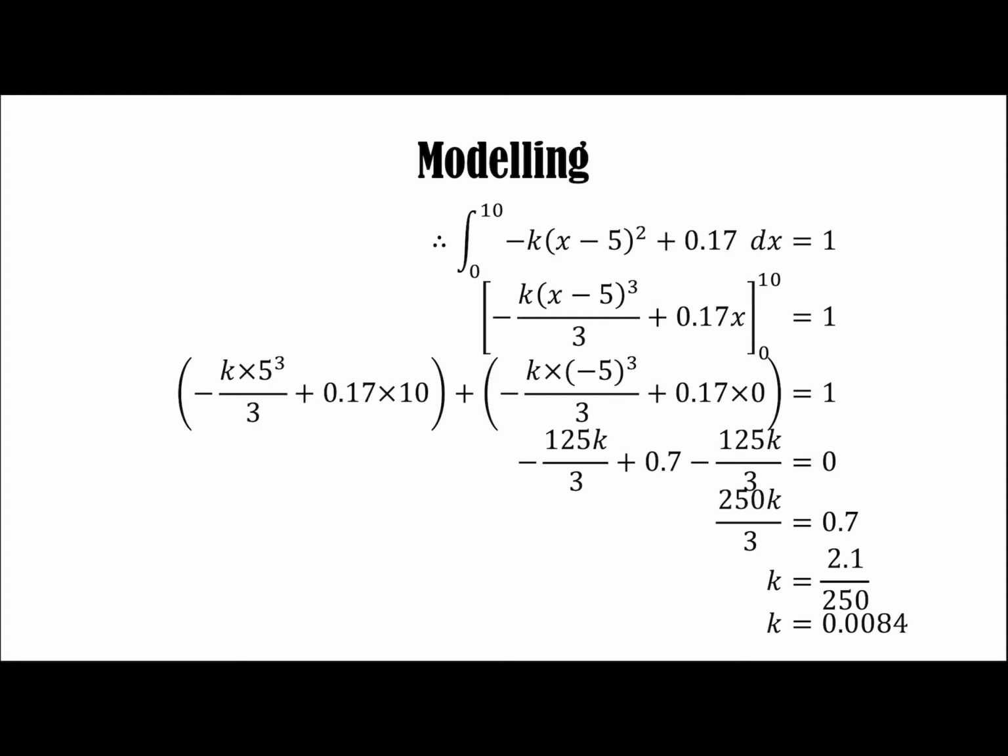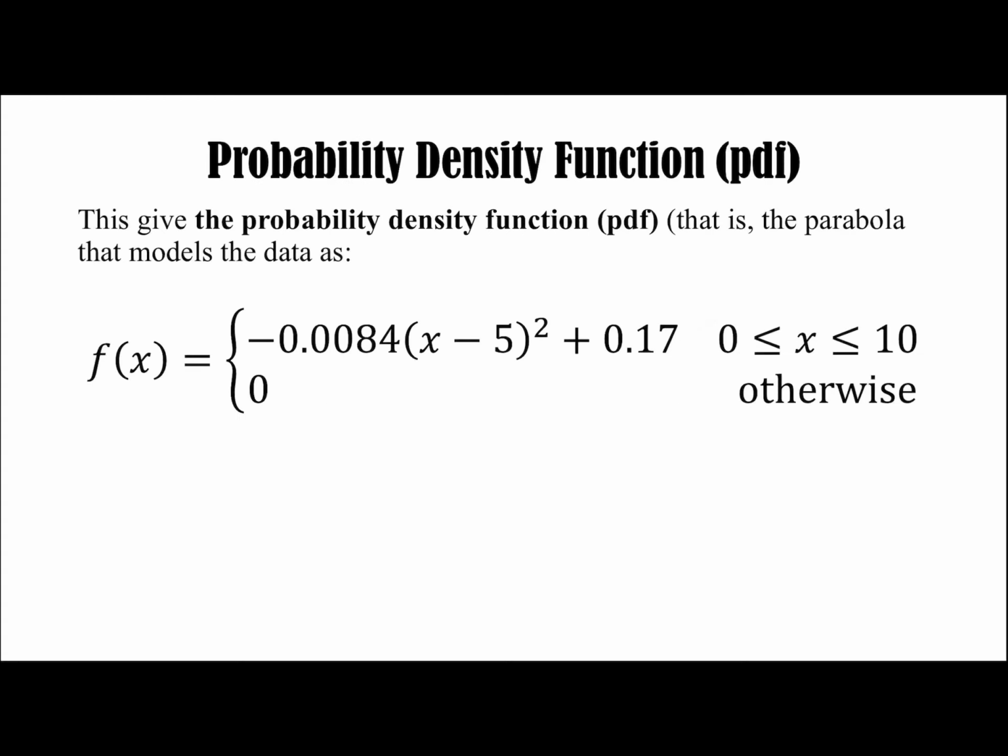Now he can write the probability density function, which is also called PDF, and that is of parabola. So f of x is minus 0.0084 times (x minus 5) squared plus 0.17 for the values of x between 0 and 10, and it is 0 otherwise. So which is a probability density function.